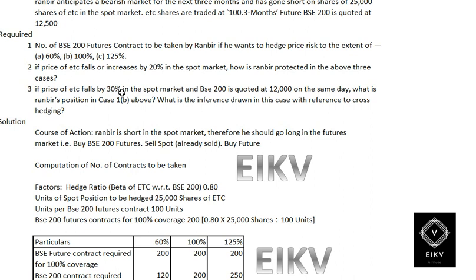Number 3, if the price of ETZ falls by 30% in the spot market and BSE 200 is quoted at rupees 12,000 on the same day, what is Rampere's position in case 1b above? What is the inference drawn in this case with reference to the cross hedging?